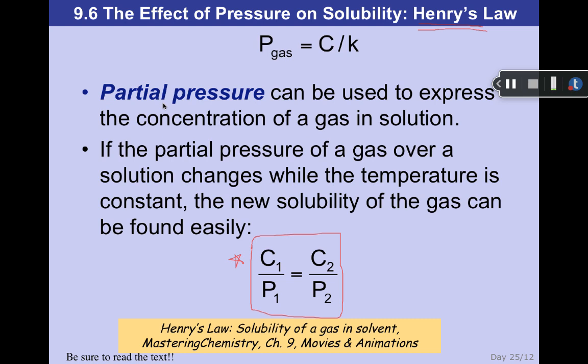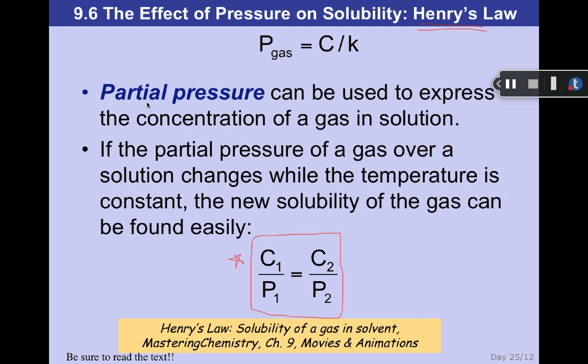The partial pressure is used to express the concentration of the gas in solution. If the partial pressure over the solution changes while the temperature is constant, the new solubility of the gas can be calculated by this type of relationship.